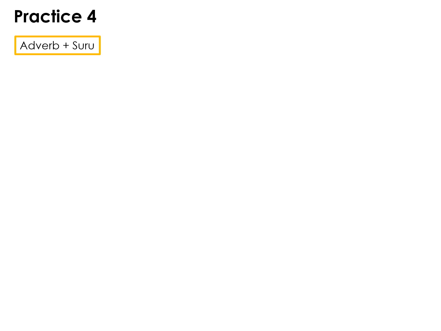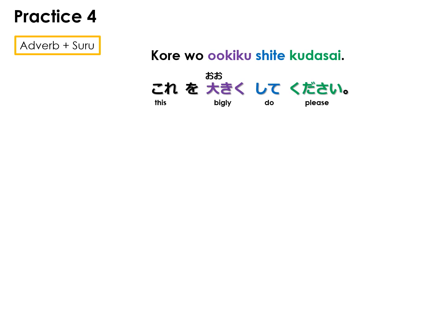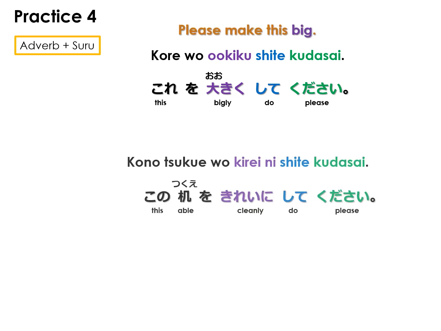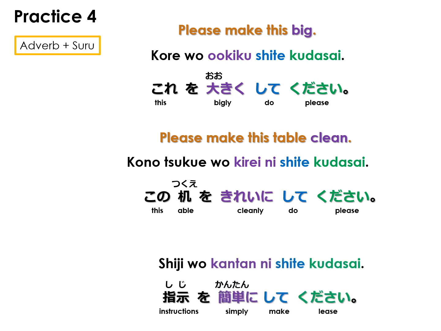You can make requests like, please make something this way or that way by saying, 何々してください。Try to guess what these Japanese sentences mean. これを大きくしてください。Please make this big. この机をきれいにしてください。Please make this table clean. 指示を簡単にしてください。Please make the instructions simple.